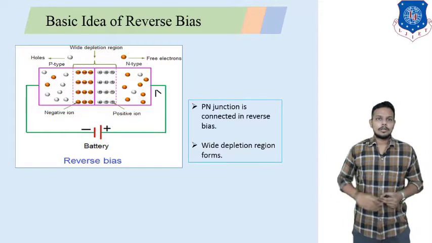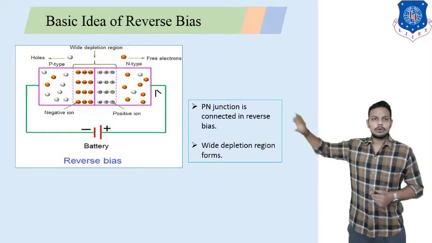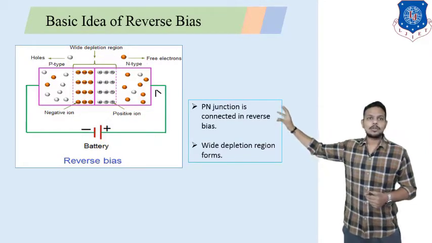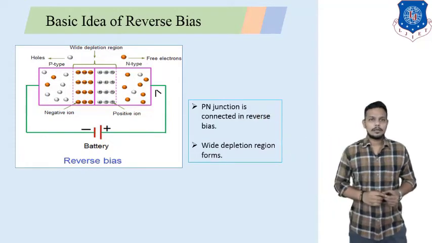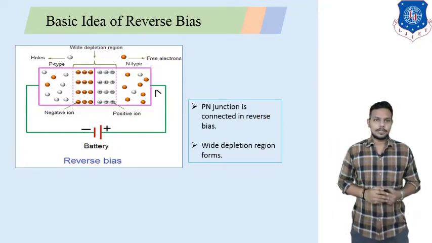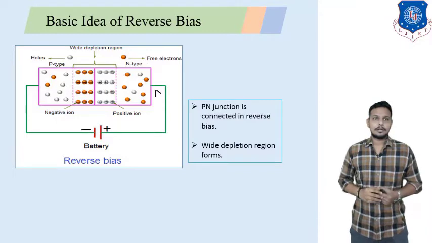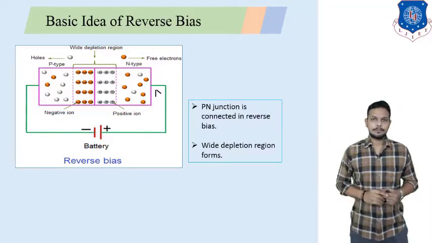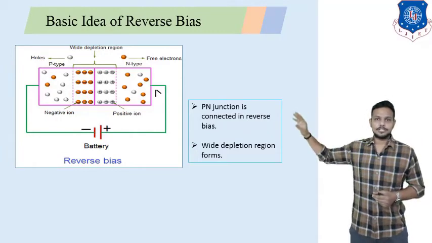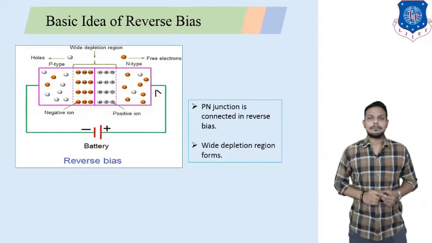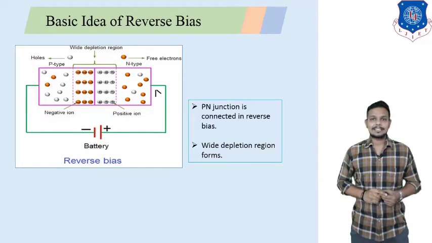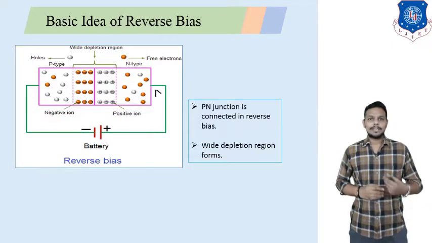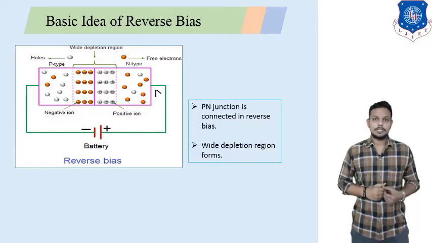So therefore, electrons move towards battery side and holes move towards negative side of battery. Due to this, a wide depletion region is generated.